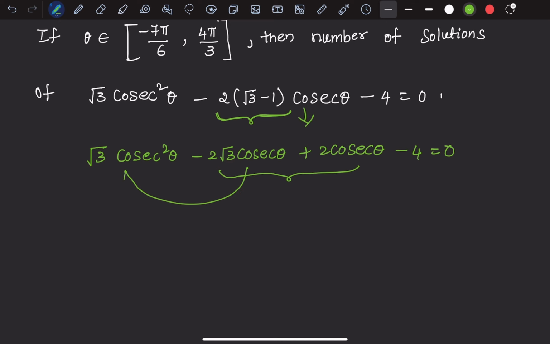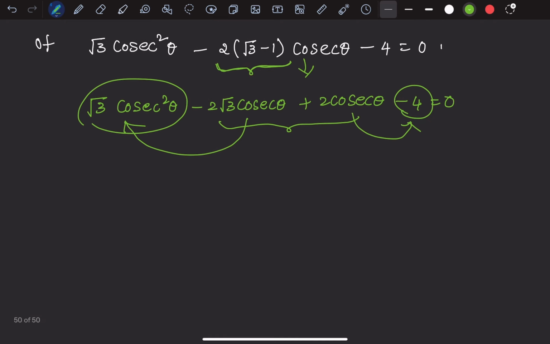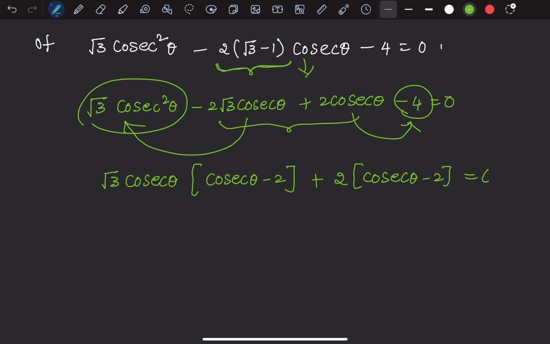Now you have generated these two terms from this particular term. Now you combine one term with this particular term and one term with this particular term. Here you can take out root 3 cosecant theta, and this will be cosecant theta minus 2, plus here 2 will be common, cosecant theta minus 2 is equal to 0.